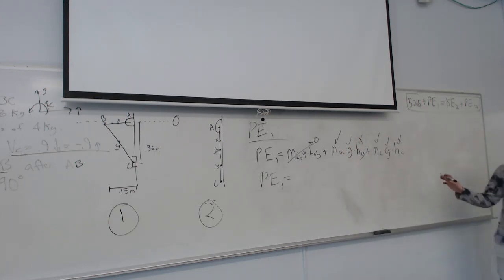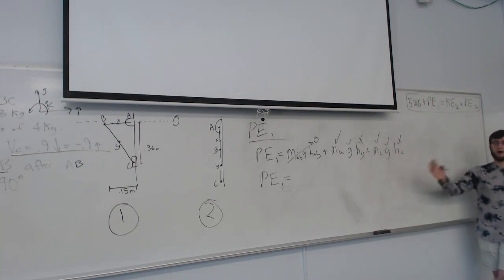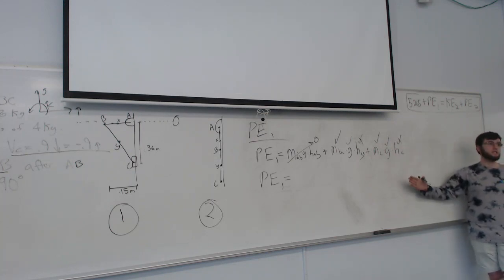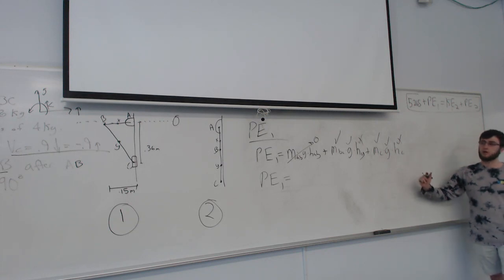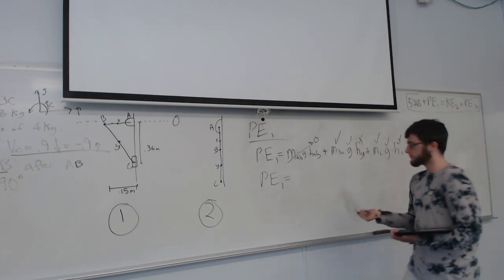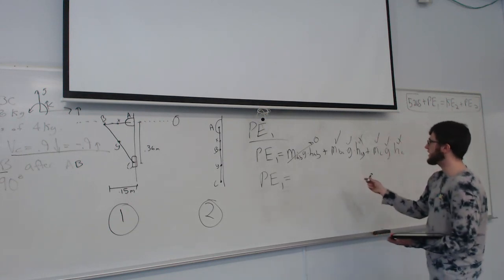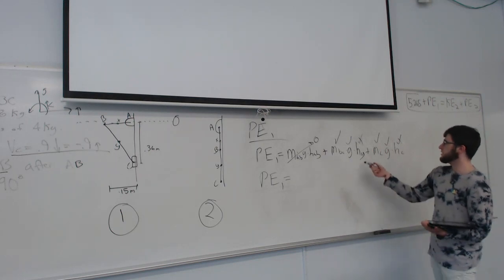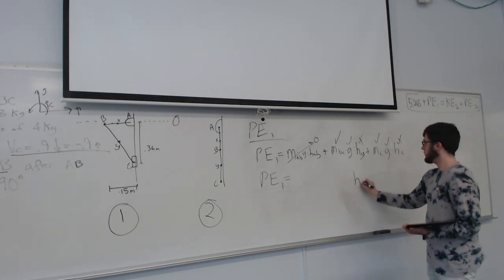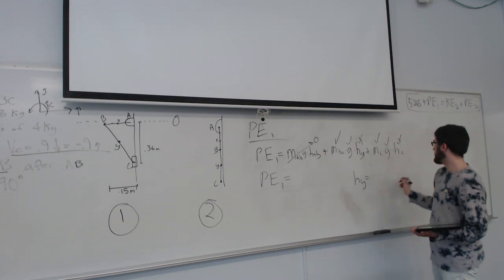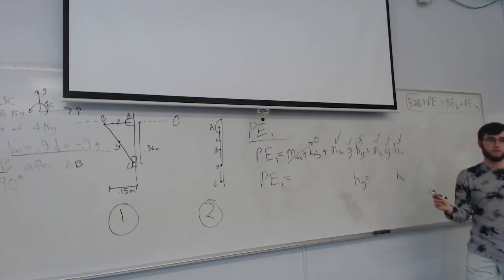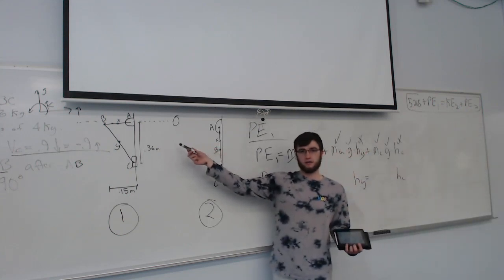Is anyone confused on how I know that I already have all of these numbers? No? Okay. The one thing that may be confusing, height of Y and height of C, they're both going to be negative because they're below the 0 line.